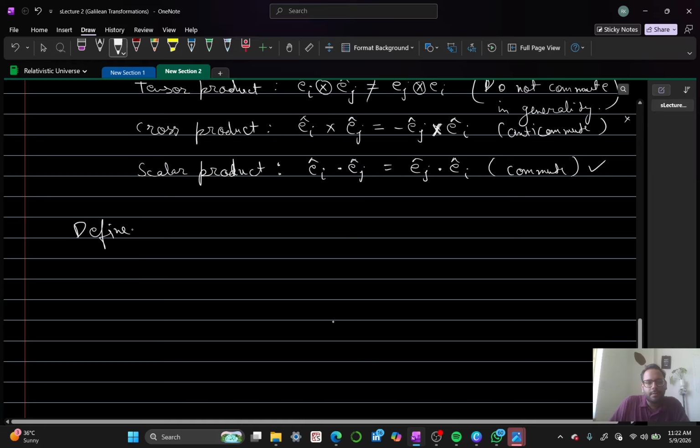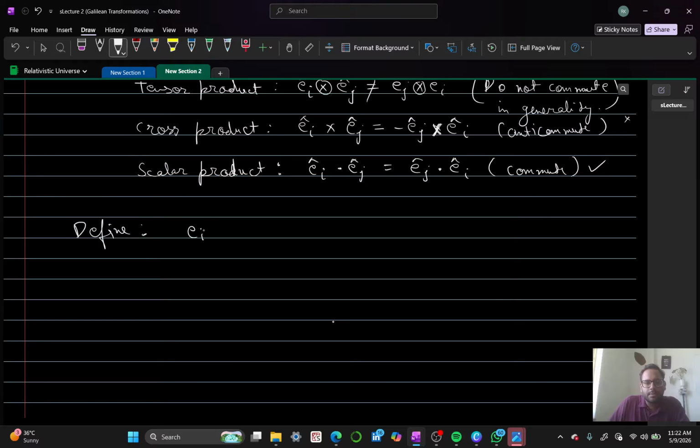define a tensorial direction. Define a tensorial direction, that is e_ij is the tensor product of e_i and e_j. Then we can simply write our tensor. After writing this, we can also write this tensor as... Let me write it completely.